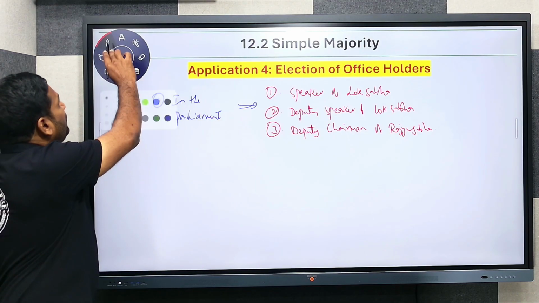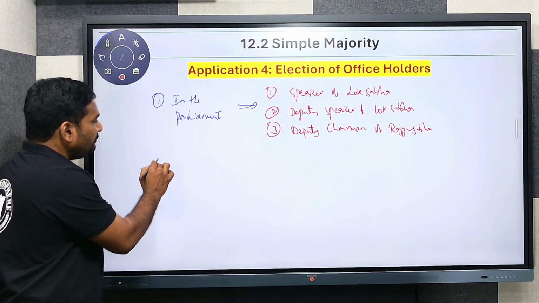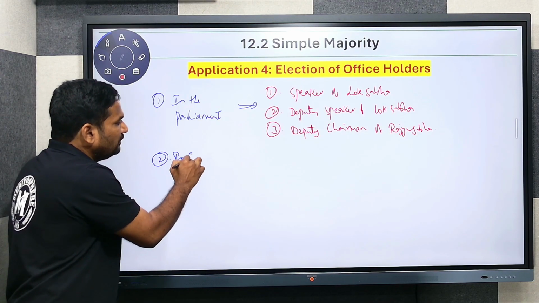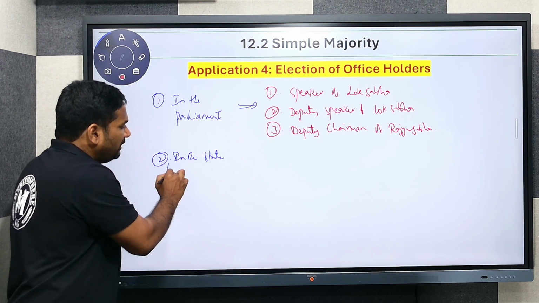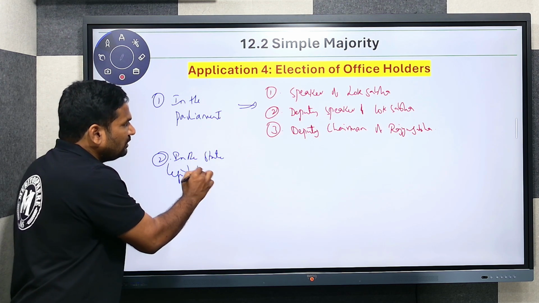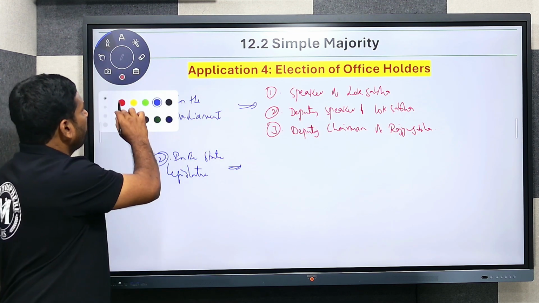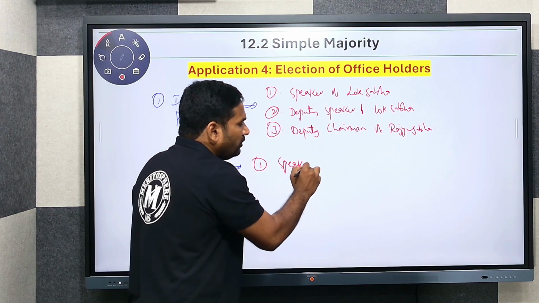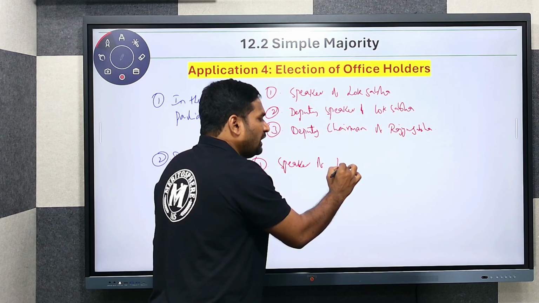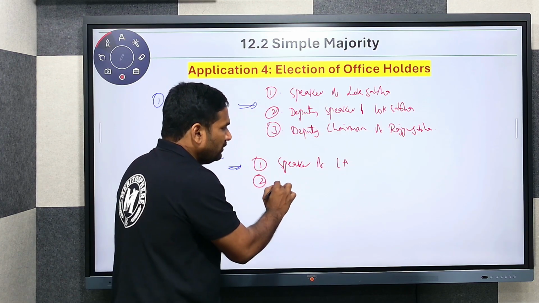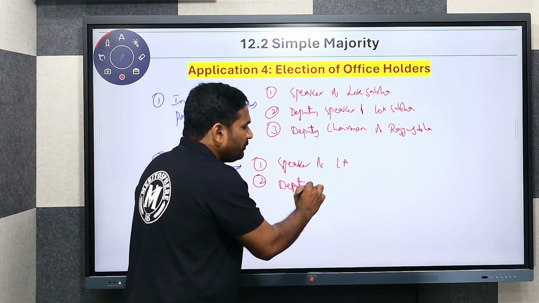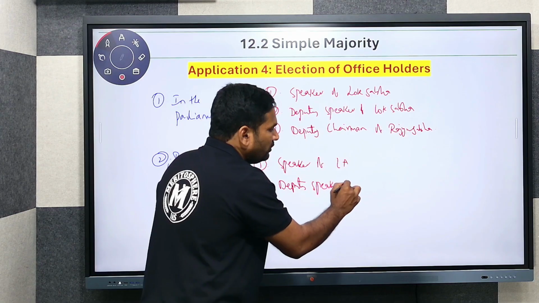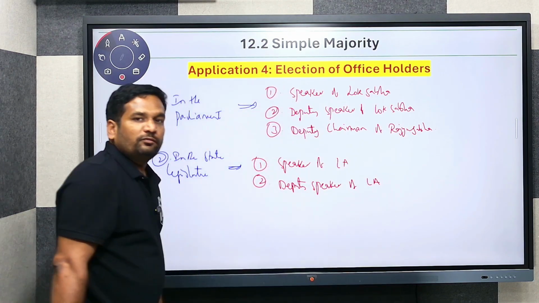Right? So in the state legislature: Speaker of Legislative Assembly, Deputy Speaker of Legislative Assembly.